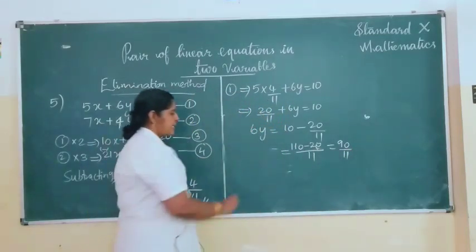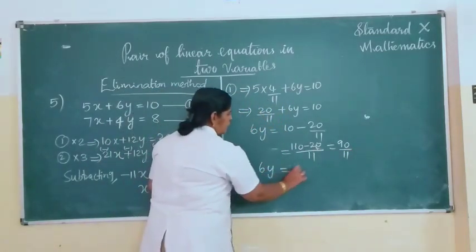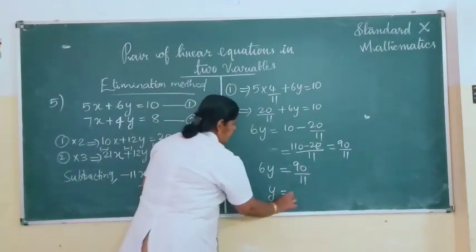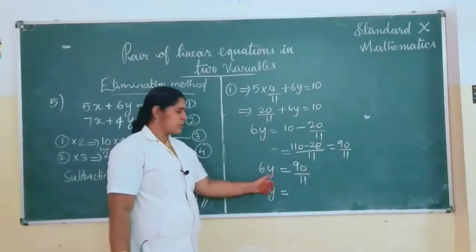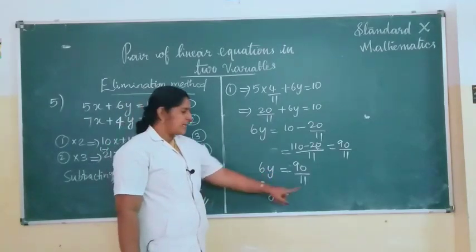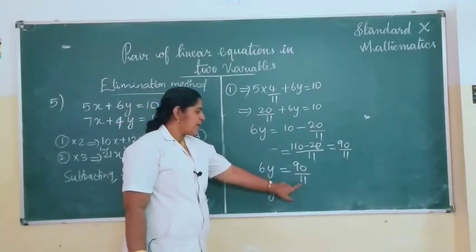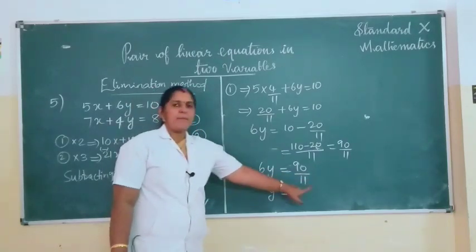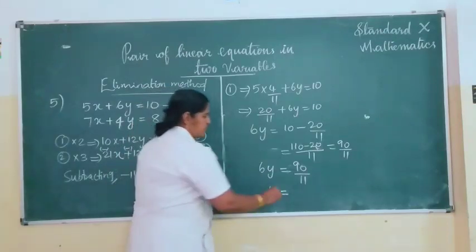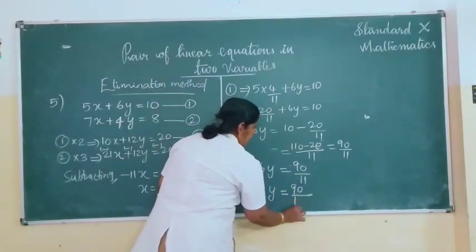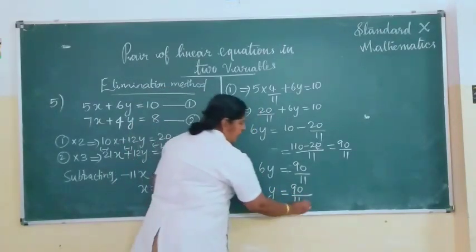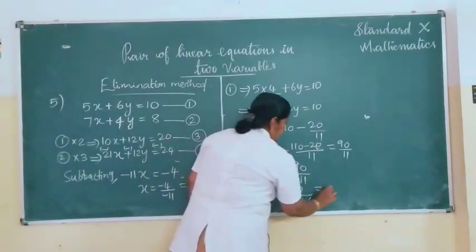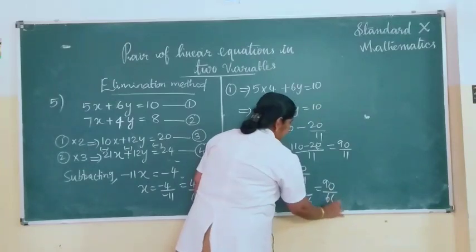Now you see the left hand side, 6y equal to 90 by 11. So when you find y, 6 into y. So 6 will go to the division when you are transposing, and already 11 is there in the denominator. So this 6 will be multiplied by 11. So 90 by 11, this 6 will be multiplied by this 11. 11 into 6, that is 90 by 66.